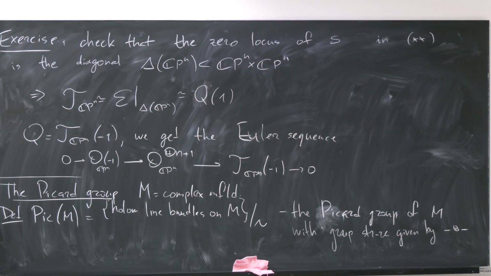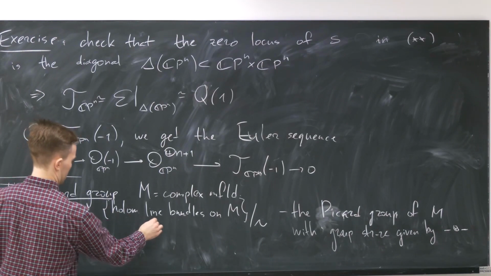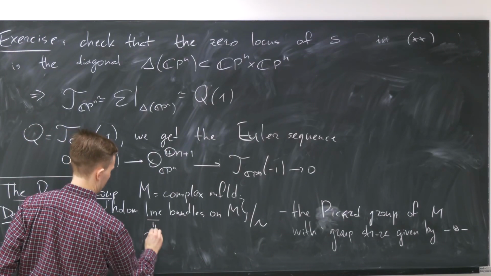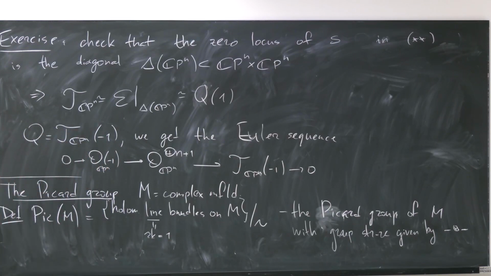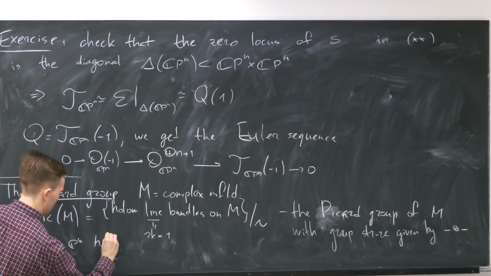So how to describe holomorphic line bundles? We describe them by cocycles, and these cocycles are functions with values in C star in this case, because these are line bundles. Line bundles means rank 1. So that's the terminology. A cocycle is given by a function with values in C star, which is holomorphic.